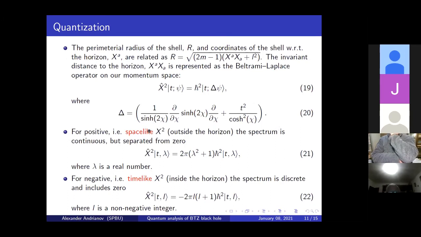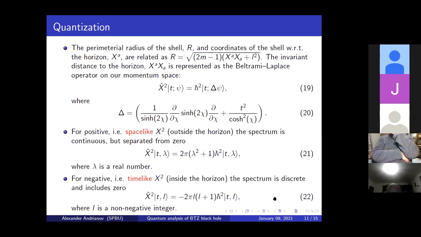This is for positive, for space-like x squared outside of the horizon. This is a 2+1 dimensional vector. We have a continuum spectrum, but separated from 0. And for negative, time-like x squared inside of the horizon, the spectrum is discrete.